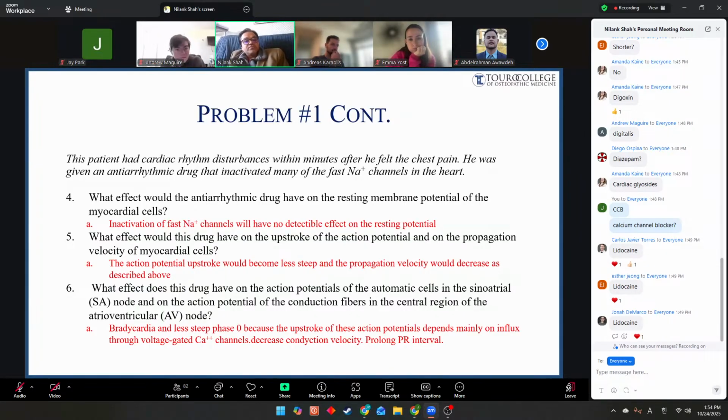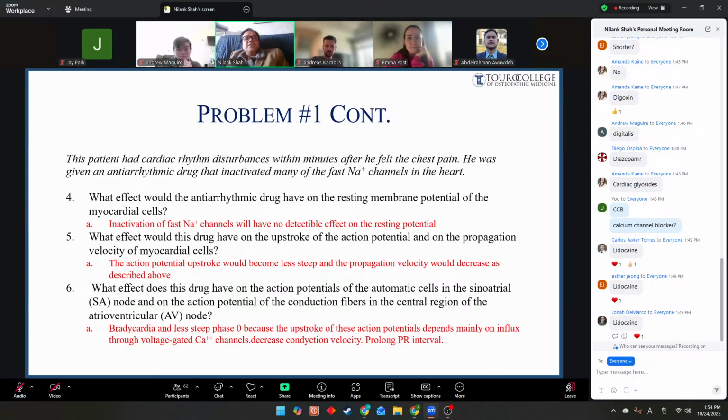Good. What is 5? We will talk about that. Anyone can tell me, what is the effect of a sodium channel blocker on question number 5? The fast sodium channels are responsible for the upstroke. So if we're blocking the fast sodium channels, you're not going to have any upstroke if you're blocking them fully.